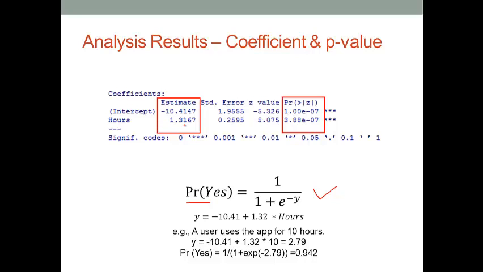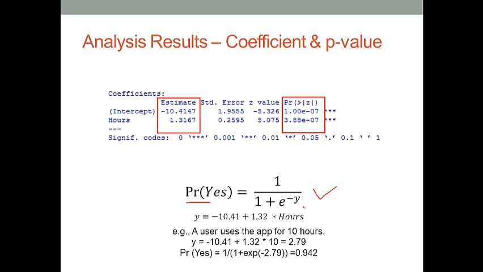This is how we calculate y. When we get the y value, we want to bring it back to the probability calculation. And then we can get the probability for us to get a yes answer from a customer to the pay or not question.